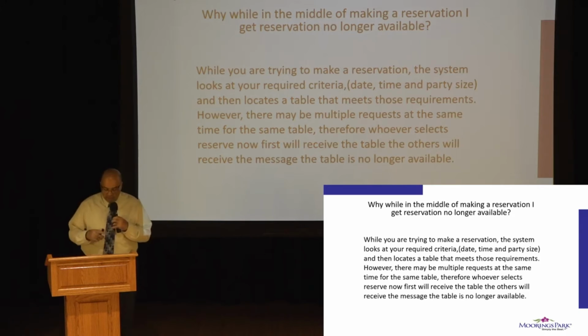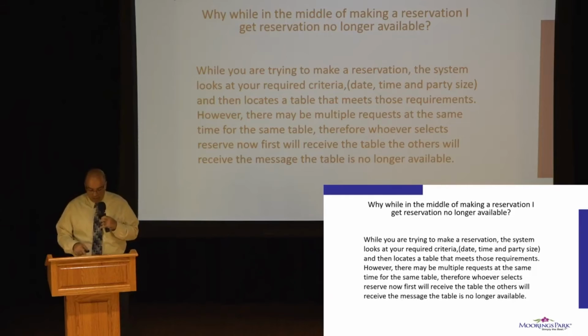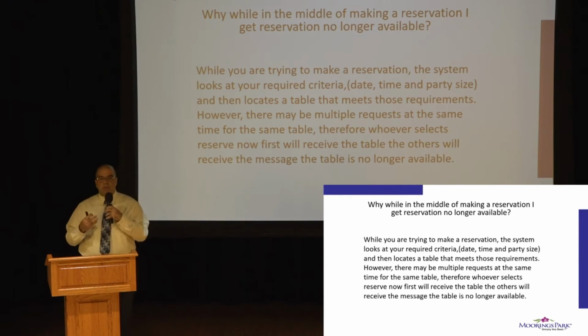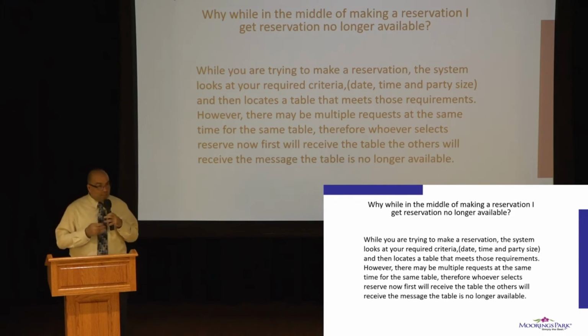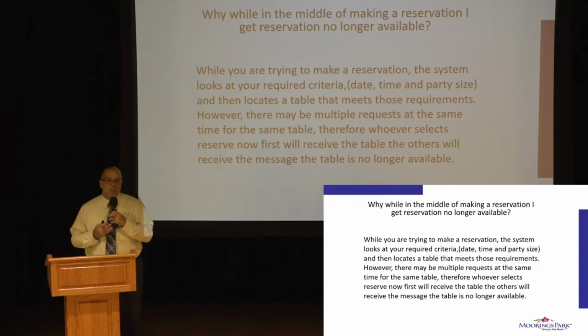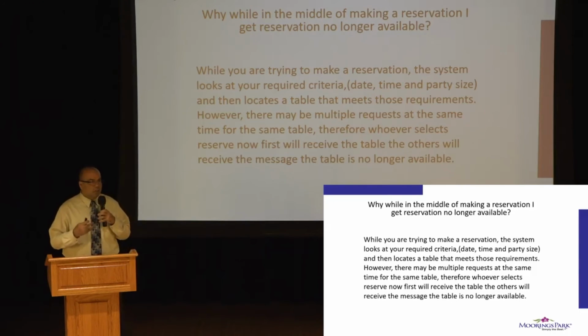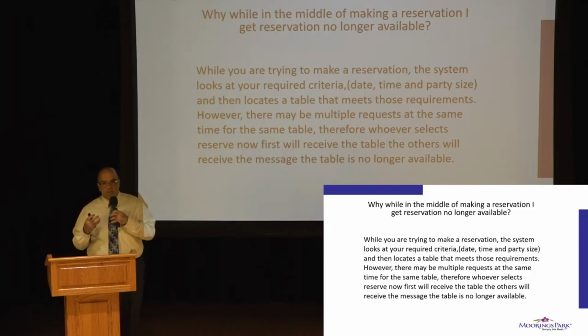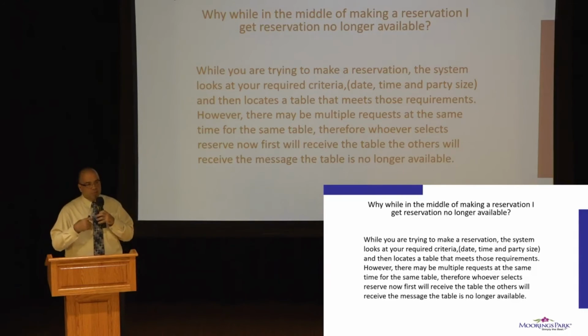Another question that I've gotten quite frequently is why, while in the middle of making a reservation, I get a message that the reservation is no longer available. When you first go into the reservation system, you click on the Make a Reservation button, you're specifying how many people are in your party. Well, at the same time, all of your fellow residents are also doing the same process. So if there's a table that's available for 4, the system will check.